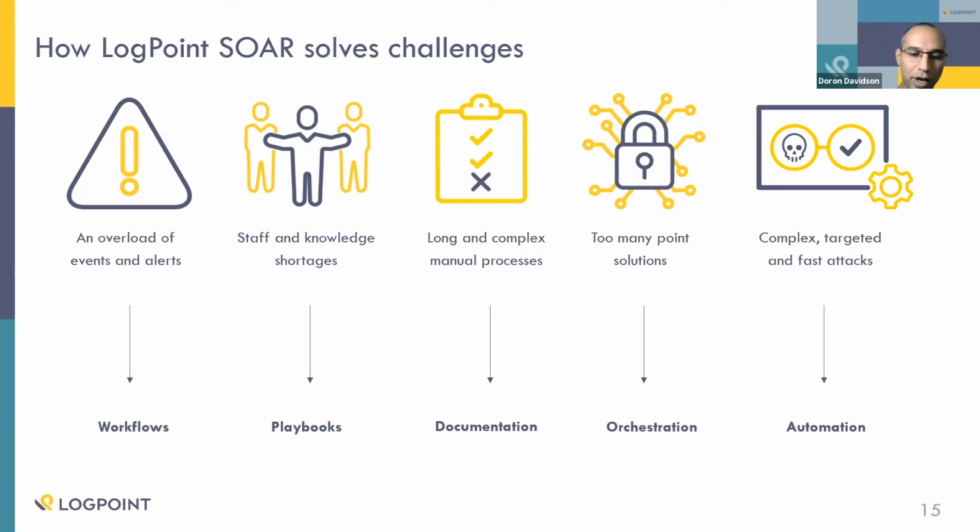So we are differentiating between the playbook itself, the process that you want to investigate or respond to something on one hand. On the other hand, you have the actions of the communication with the different security controls. So we talked about having too many point solutions. That requires an orchestration, a communication between the different security controls in the organization.